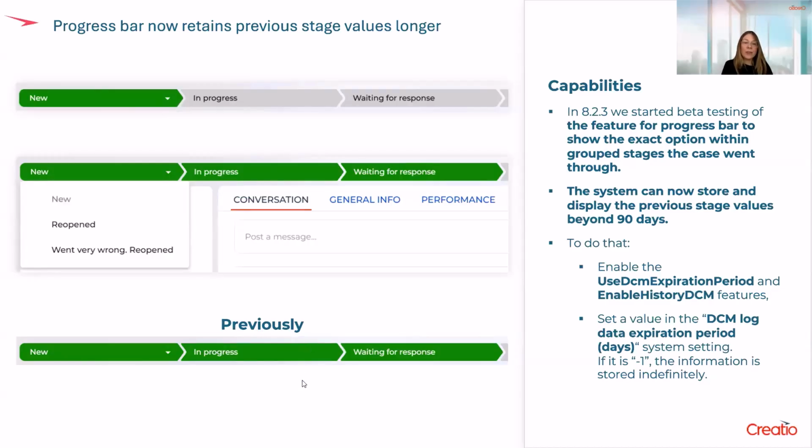Now, with version 8.3, still in beta, we've enhanced this feature so that it lets you store the stage history for longer or even indefinitely. You can do this by changing a system setting, setting it to -1, which means the data will be kept forever. I think this could be especially useful for companies that need long-term traceability of how a case actually moved across stages.